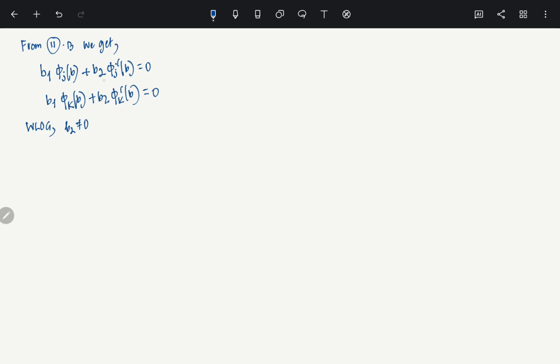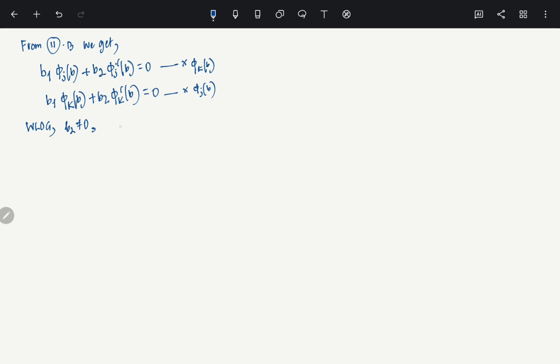See, the thing is this. If b2 is non-zero, we can multiply this term with phi k of b, and this term with phi j of b, then subtract, and we can get it.